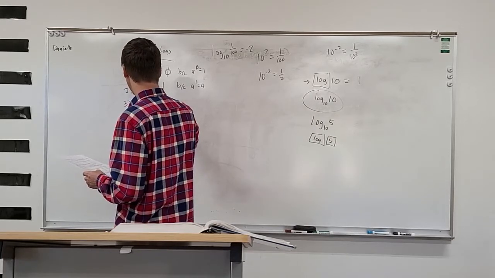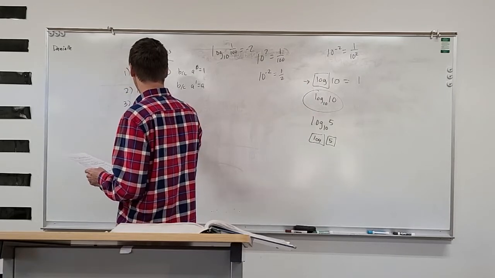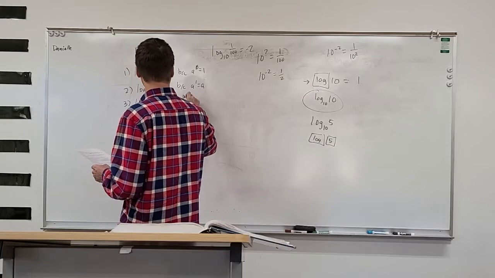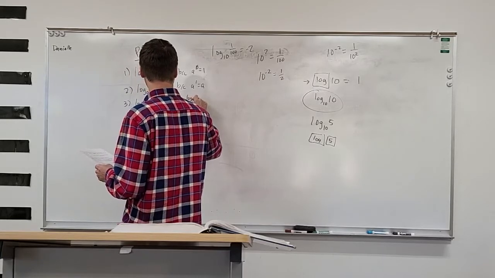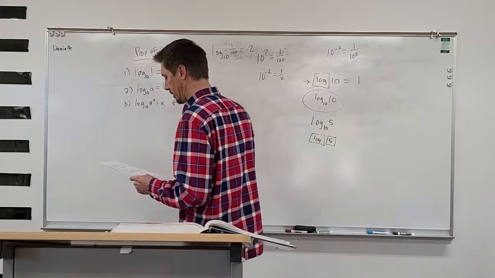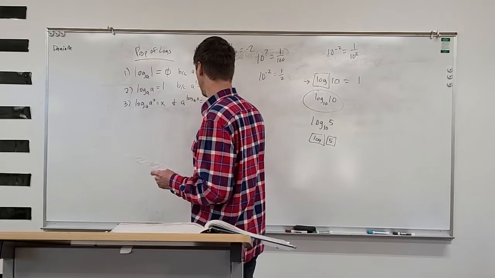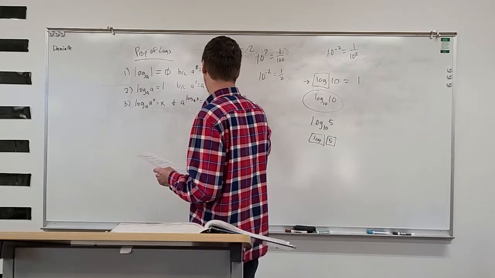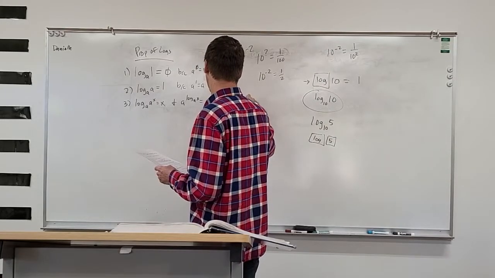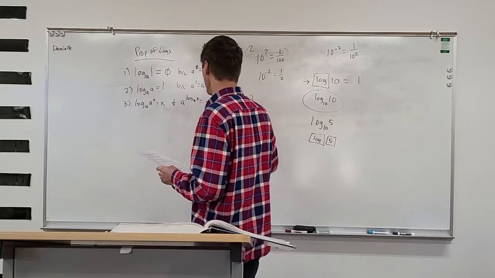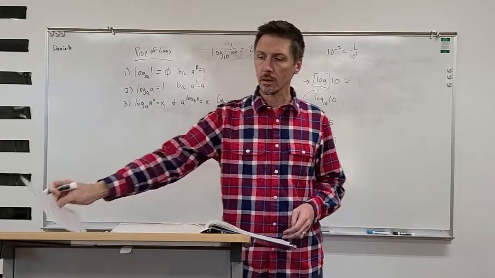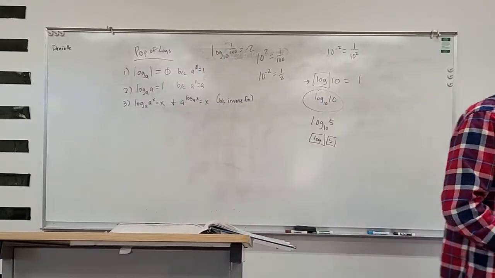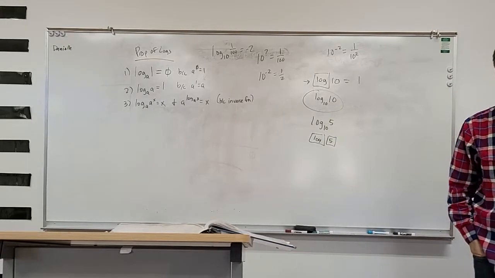Log base A of A to the x equals x, and A to the power of log base A of x equals x. That's because we said at the beginning that the log and the exponential function are inverses of one another.